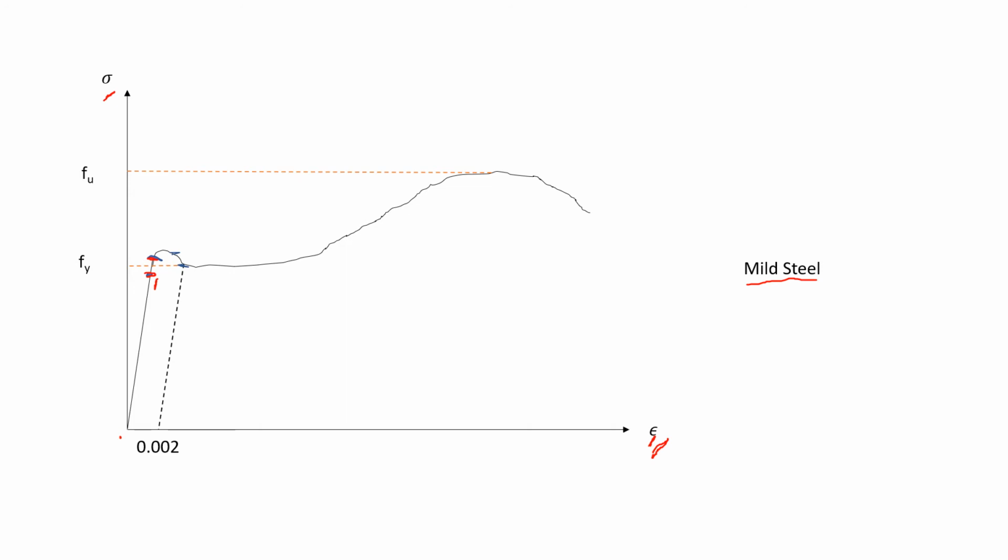And next, that point is the upper yield point, and another point is the lower yield point. There is a basic difference between the upper and lower yield points. So what is the upper yield point?